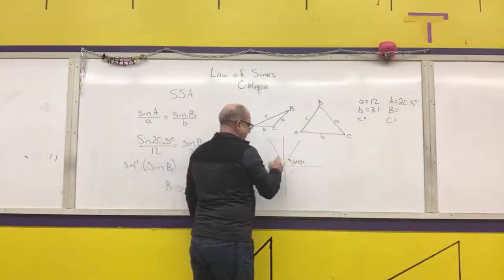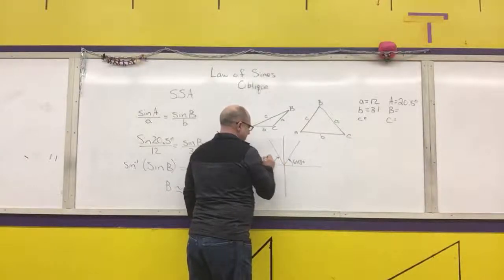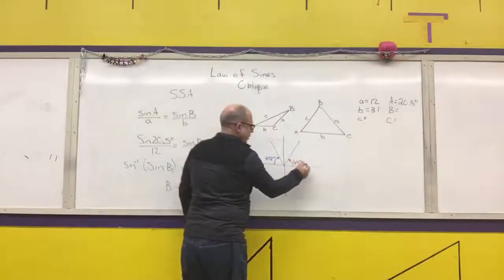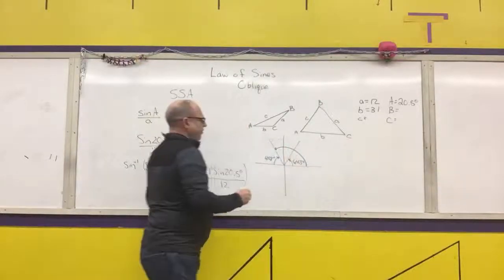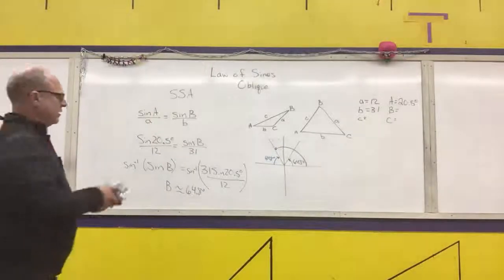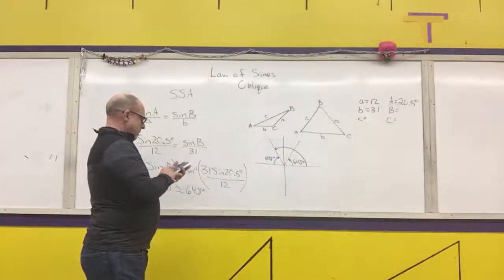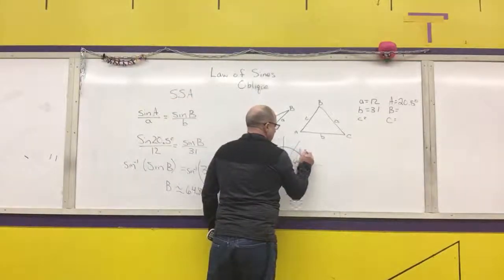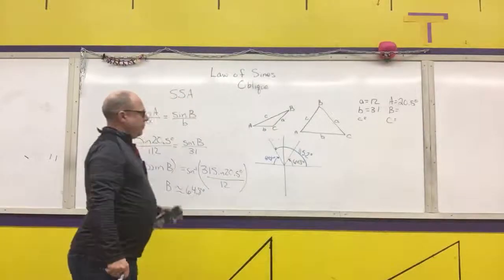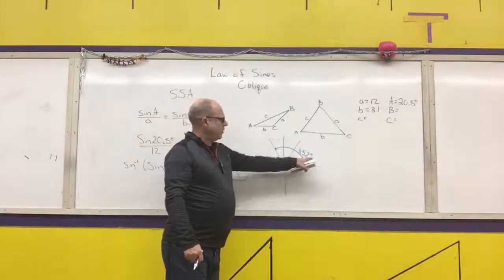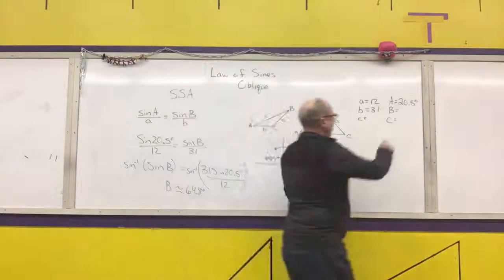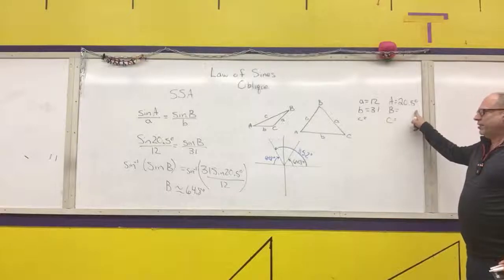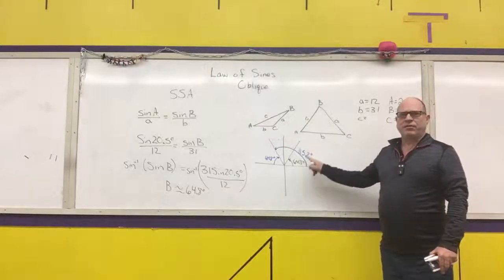And it's going to have the exact same reference angle. So this angle right here, the possible second angle, is 180 degrees minus 64.8, which is 115.2. And if I add both 64.8 and 115.2 to the 20.5 degrees that I had for my original angle, each of these is a physical possibility.